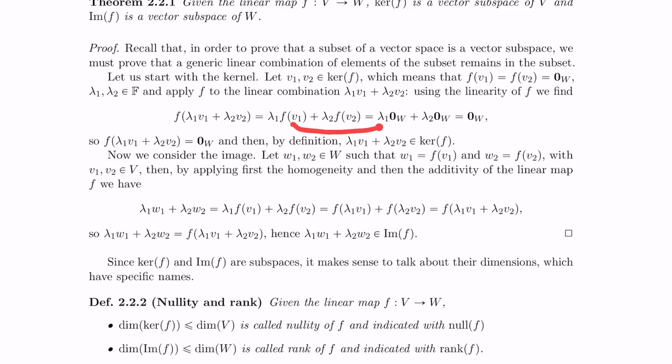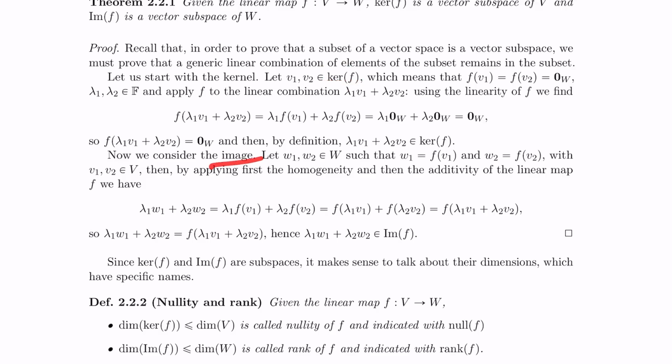But F of v1 is the null vector of W, same for F of v2, and so we find a linear combination lambda 1 times the null vector of W plus lambda 2 times the null vector of W, which is, of course, the null vector of W. This means that when we apply F to the vector given by this linear combination, we obtain the null vector of W. That is, this linear combination belongs to the kernel of F, which is simply the stability of the kernel of F with respect to linear combinations. So, the kernel of F is a vector subspace.